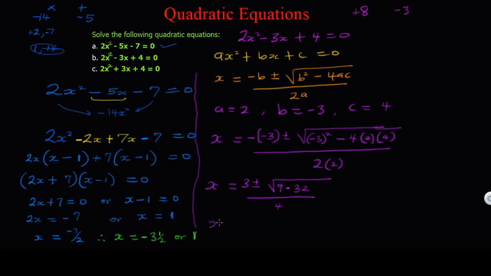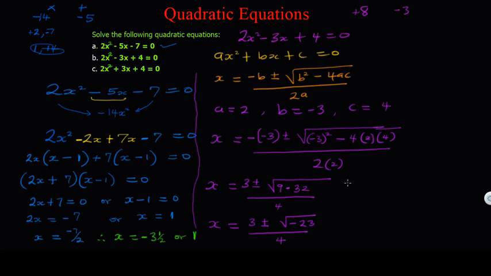So at this point x equals 3 plus or minus the square root of, we subtract, negative 23, over 4. Since there is no square root of a negative number, that will give us an imaginary number.